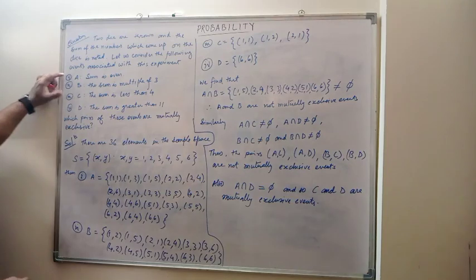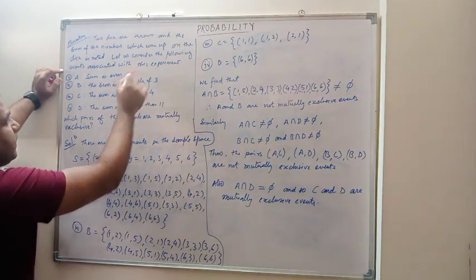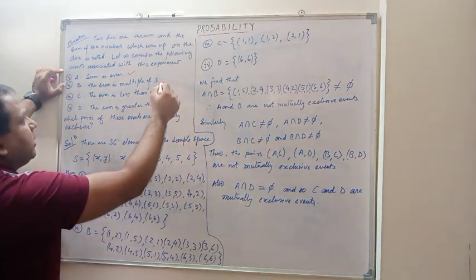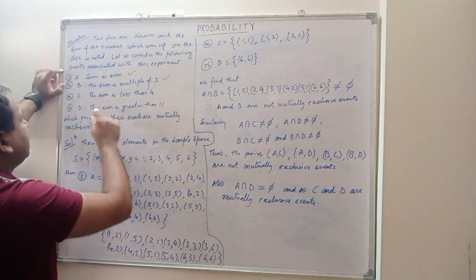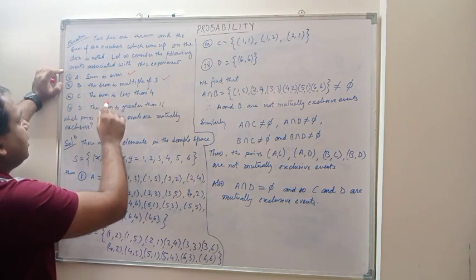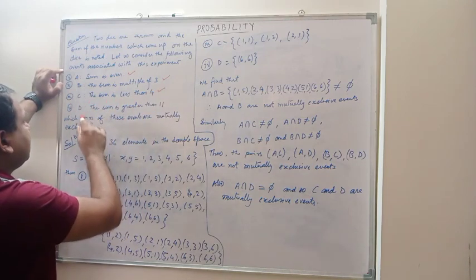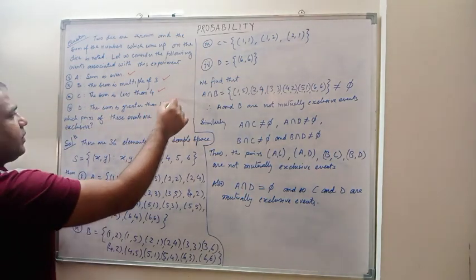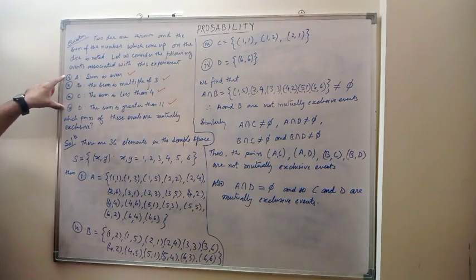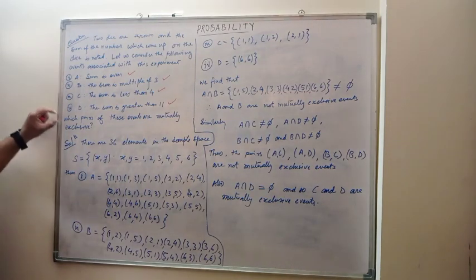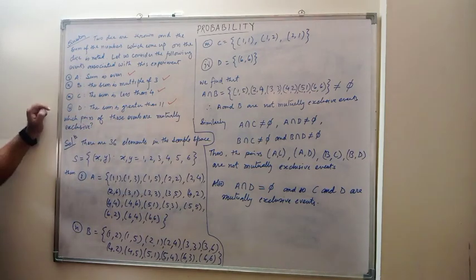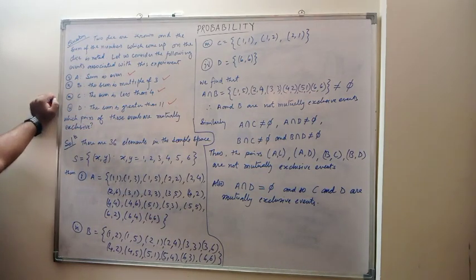The first one, A, is the sum is even, B is the sum is a multiple of 3, C is the sum is less than 4, and the fourth one, D, is the sum is greater than 11. Which pair of these events are mutually exclusive? This is the question, and we'll go through the solution also.